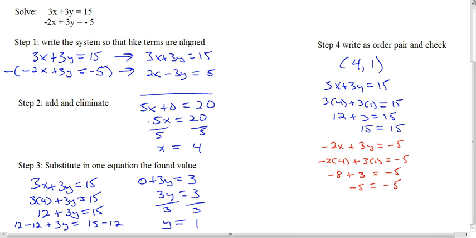Both check, so (4, 1) is indeed the solution to our system, 3x plus 3y is equal to 15 and negative 2x plus 3y is equal to negative 5, and we did so via elimination using subtraction.